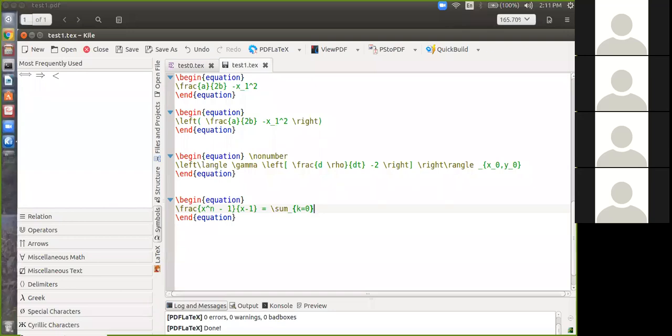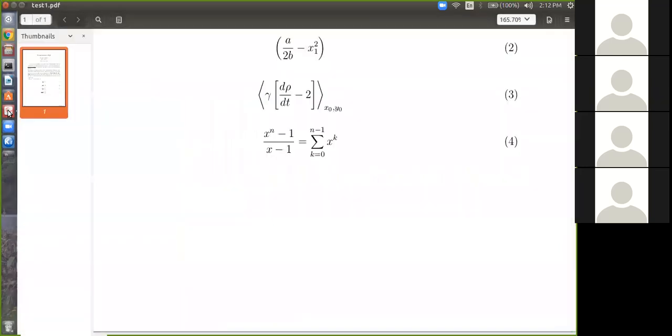Then the superscript part, or that is the upper limit part. So this is n minus 1. Then here space, if you want, x to the power k. Let me compile it and check it. Yeah, x to the power n minus 1 by x minus 1 is equal to sum k equal to 0 to n minus 1 of x to the power k.